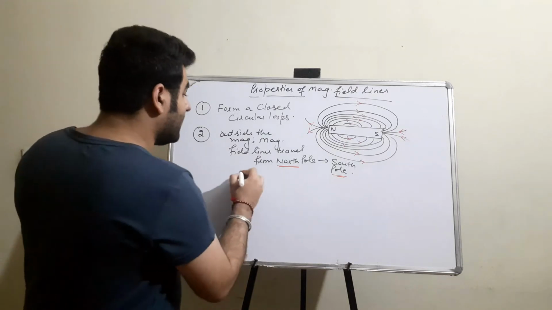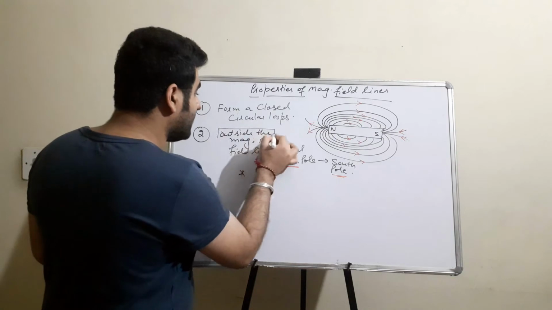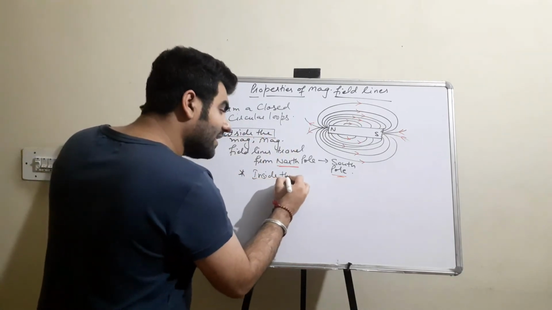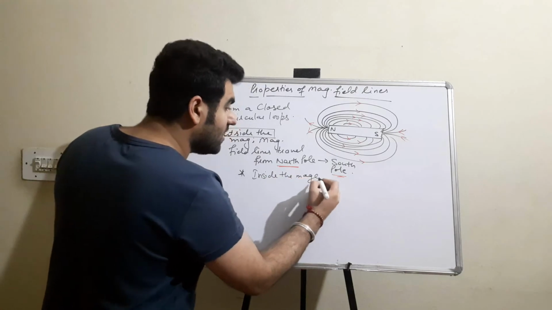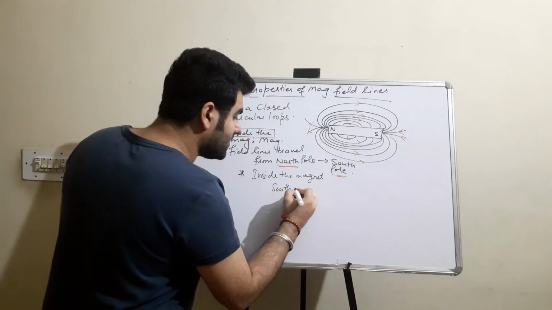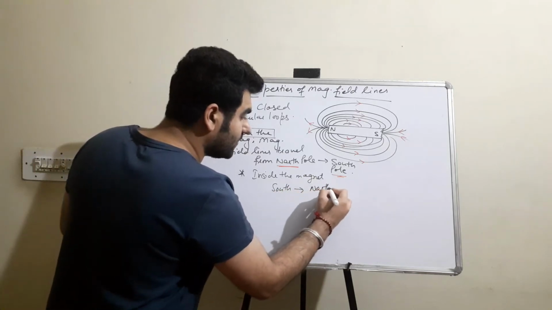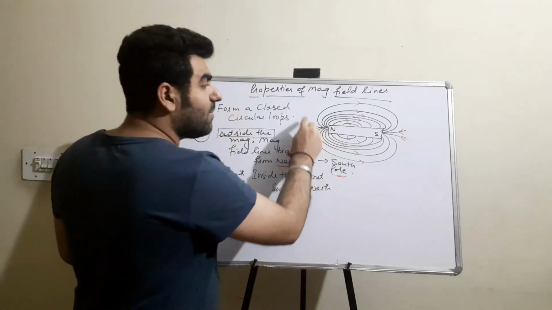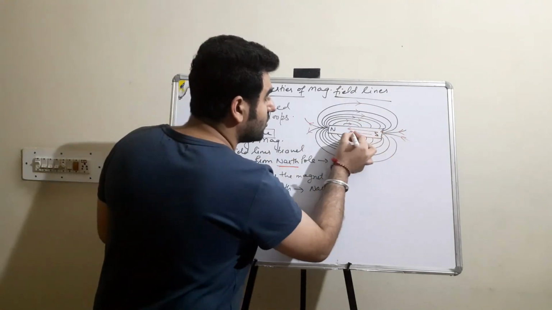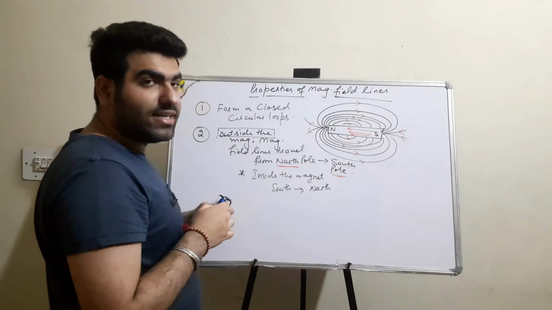Now, in this property, there is one more thing. This concept is outside the magnet. If we are talking about inside the magnet, the trend is opposite. Inside the magnet, the magnetic field lines travel from the south towards the north. So, outside the magnet, north to south; inside the magnet, south to north.